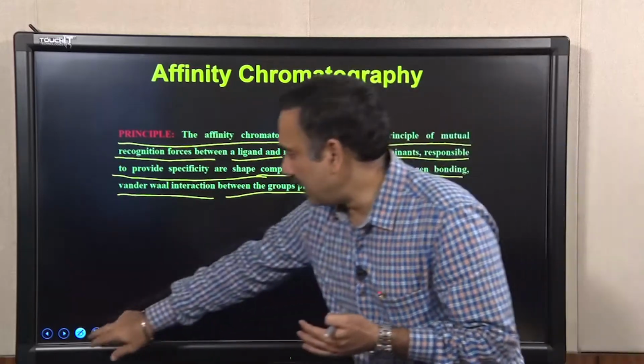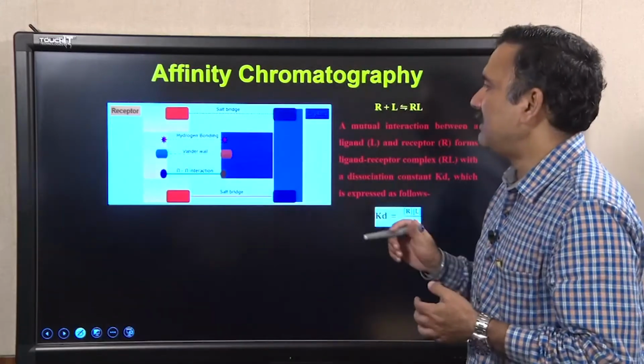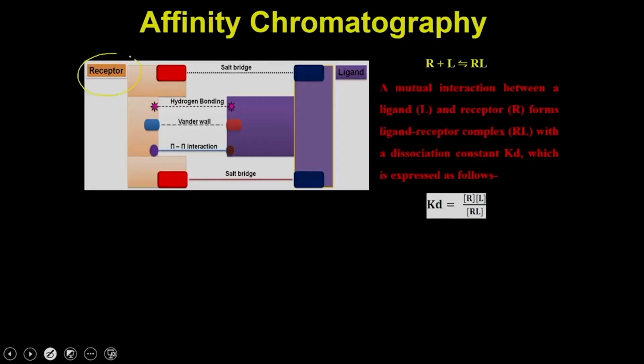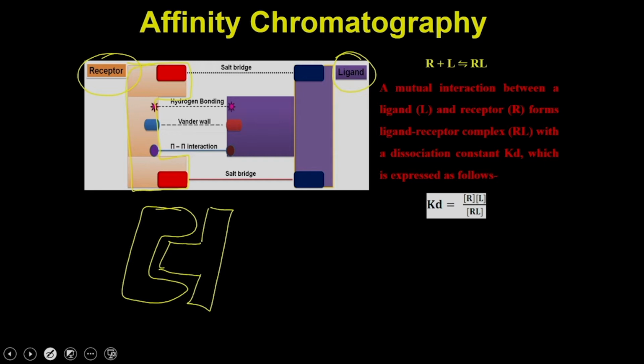Let us take an example and understand this phenomenon. Imagine that we have a receptor and a ligand. The first thing that brings the receptor to its ligand is shape complementarity, which means the receptor, which maintains a particular shape, is looking for a ligand with a completely complementary shape. For example, if I have to design a ligand, I will design it to be completely complementary in shape.